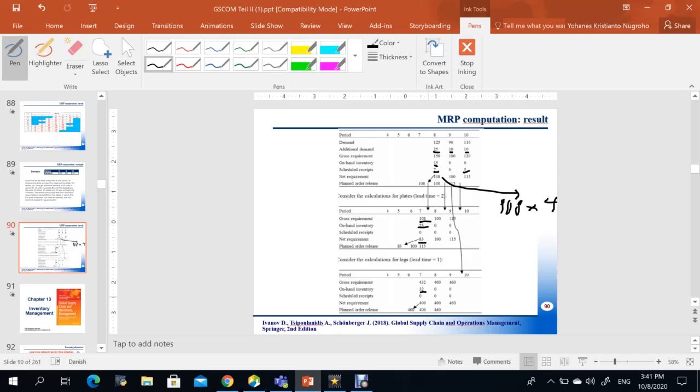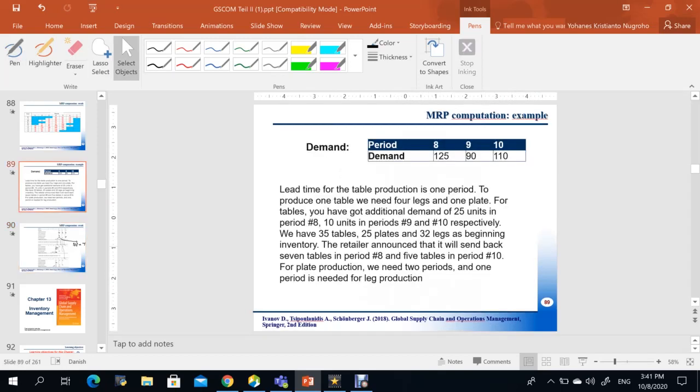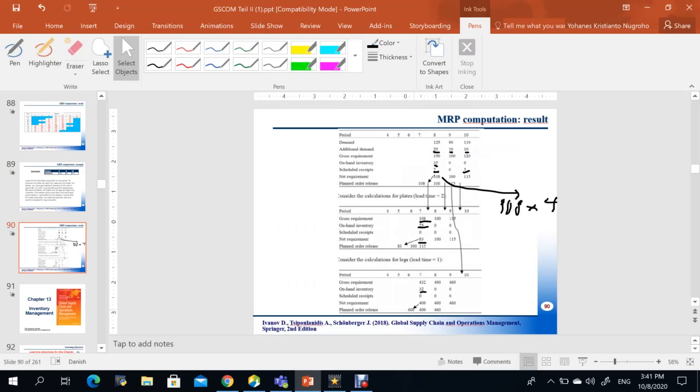But the on-hand inventory, according to the previous problem statement, is 32 legs, and therefore the net requirement is 432 minus 32 equal to 400. And this 400 should be ordered 1 month in advance, that is in month number 6. Okay, that example ends our lecture today.